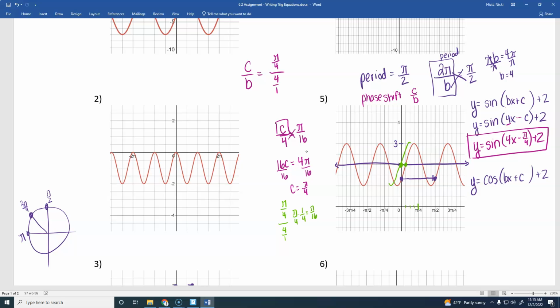So when you get your equation, if you check your phase shift, pi over 4 times 1 over 4 would give you pi over 16, and you can see from your graph that's what you wanted to have. So we're going backwards here, so we're not going to take the phase shift and divide. We are setting up that equation for it.